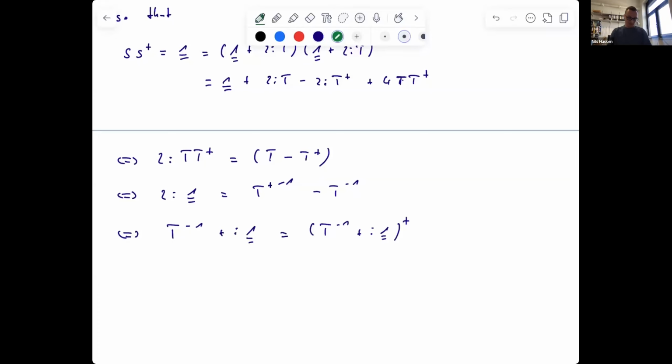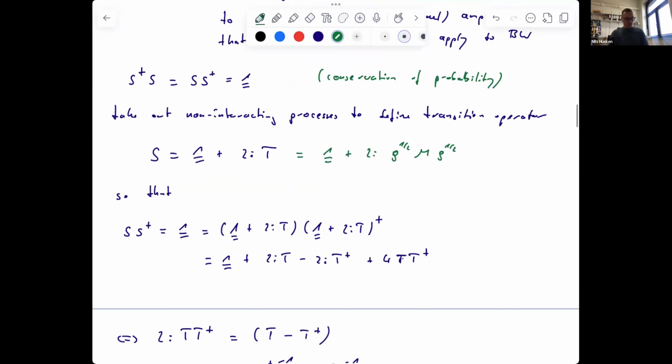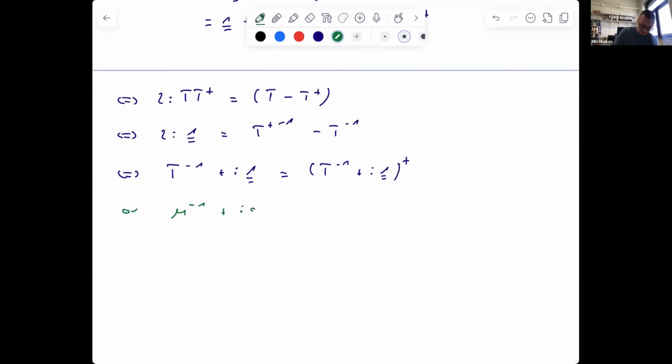So if we've done this using this green expression here instead, where we had the invariant matrix instead of the transition operator, we would have arrived at the very similar equation where we now have the inverse of M. And instead of having a 1, we would have this phase-space matrix rho here, and would have on the other side the inverse of M, again, plus i rho, and the dagger of this.